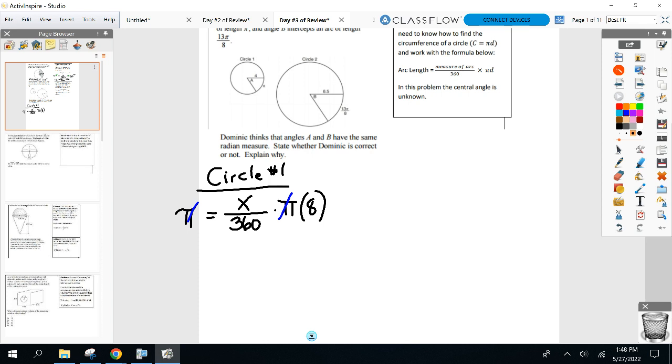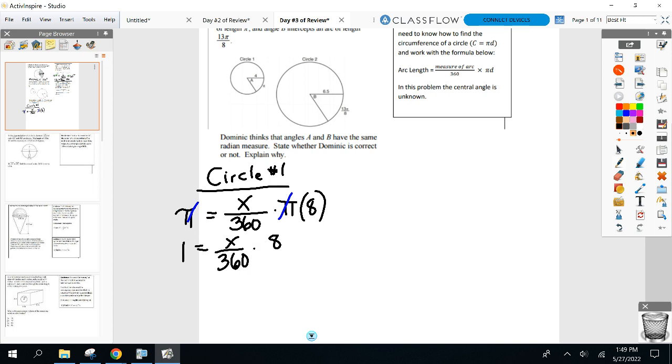You just basically did pi divided by pi, which is 1. Something divided by itself is 1. So it's not a blank, it's not a 0, it's 1. Equals x over 360 times 8. Go ahead, finish that off, just like you did the last problem.